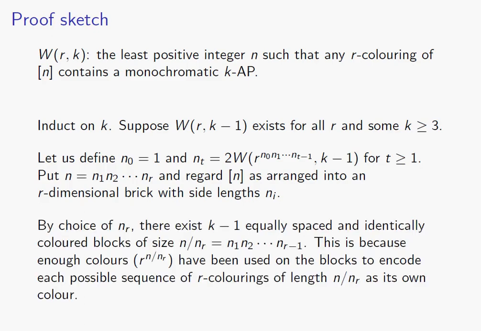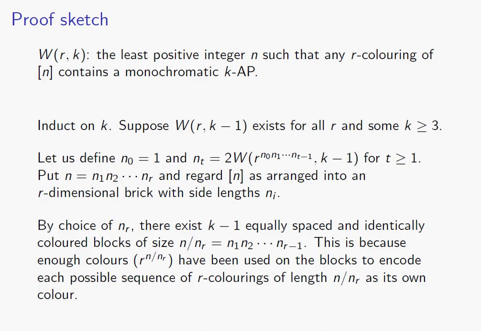Now by the way we chose n sub r, there exist k minus 1 equally spaced and identically colored blocks of size n over n sub r. That's the rest of the brick, which is size n1, n2 up to n sub r minus 1.